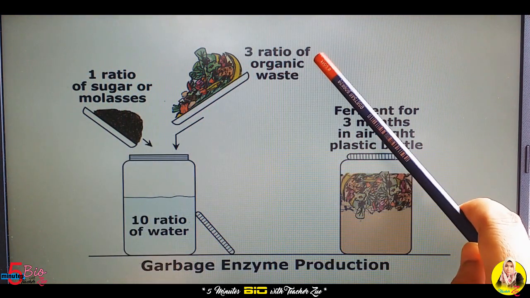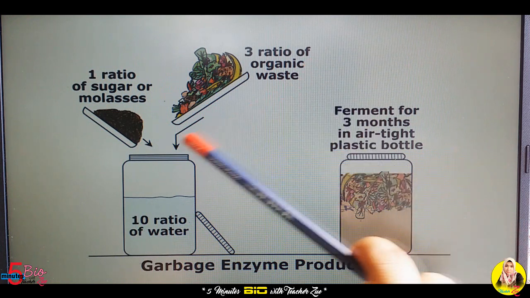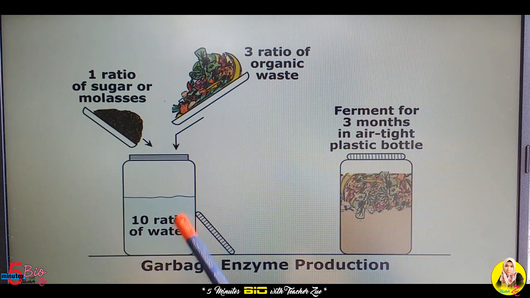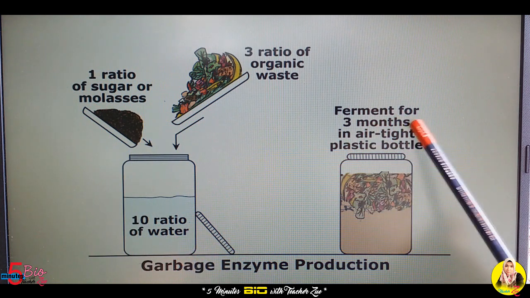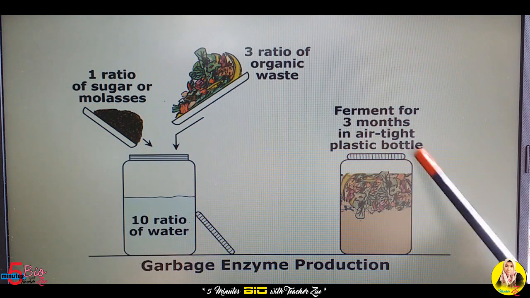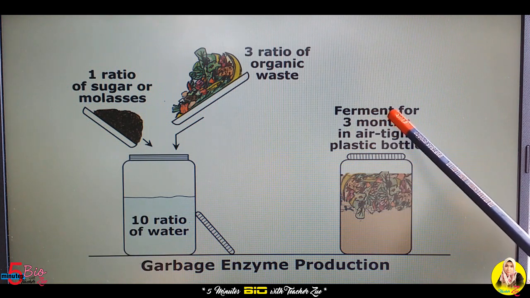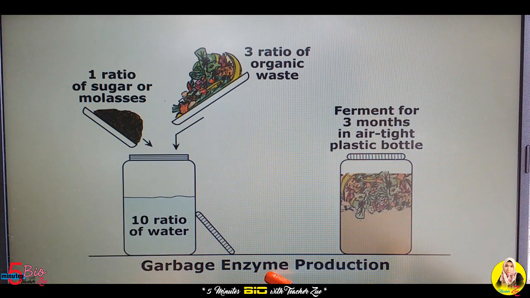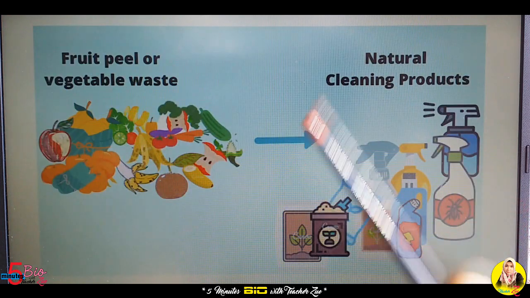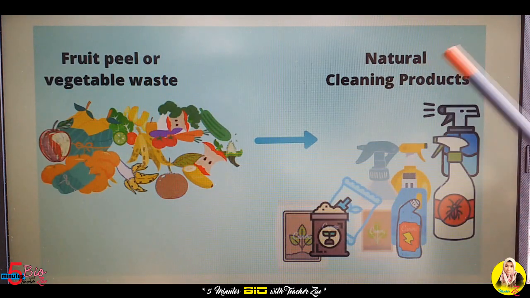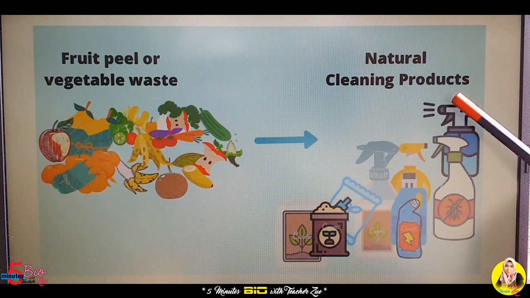Then put three ratio of organic waste into a container and ten ratio of water. Then ferment for three months in an airtight plastic bottle. So the process here is fermentation. It will produce an enzyme that can be used as organic or natural cleaning products. You can try this at home, okay?